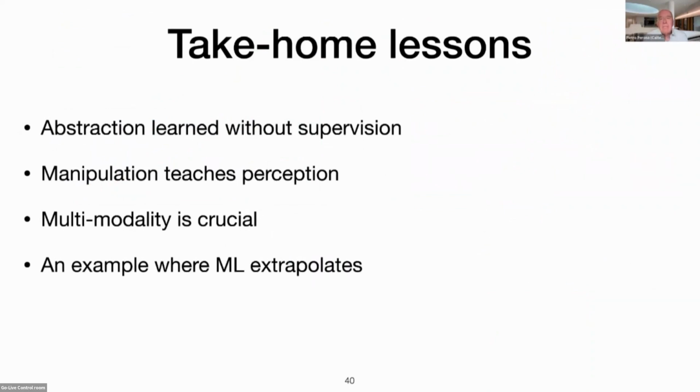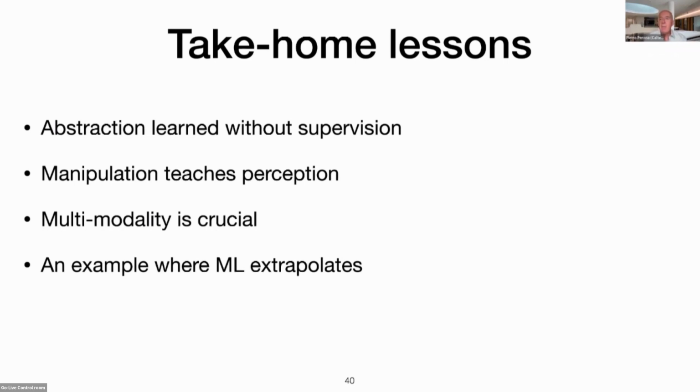What we see is that indeed there are situations where abstraction can be learned without supervision. In this case, manipulation, which is picking and placing objects, is teaching perception about abstraction. What is crucial here is multimodality, namely there is manipulation and there is perception, and they're interacting to produce an abstraction. So what I'm proposing is that maybe we should look beyond our current batch training sets and think about video and multimodality for training our systems.